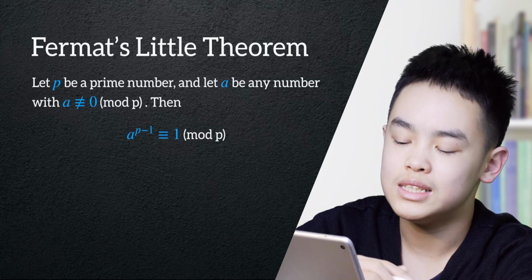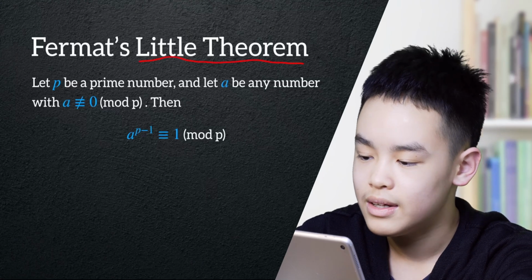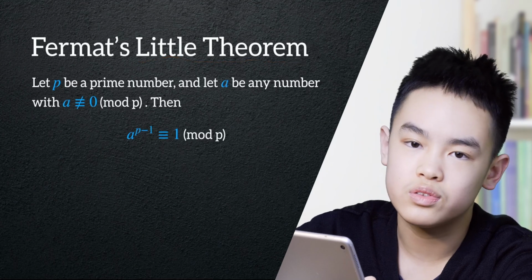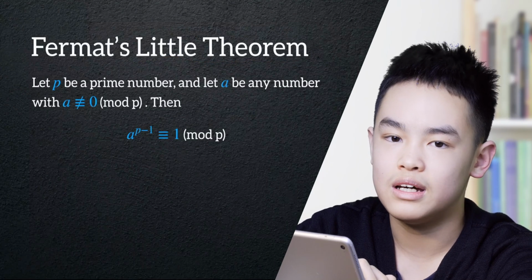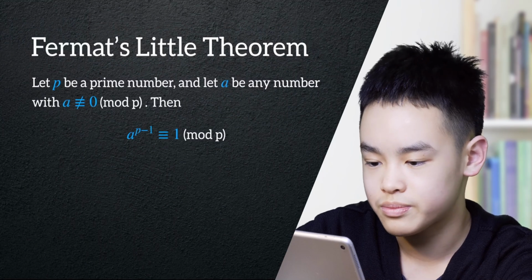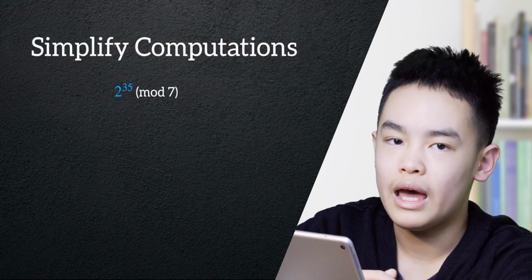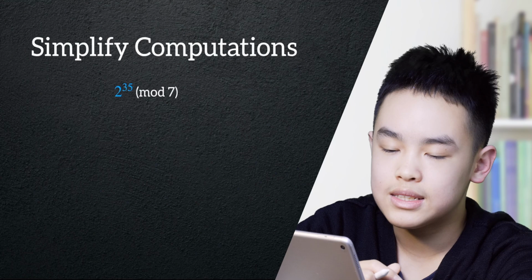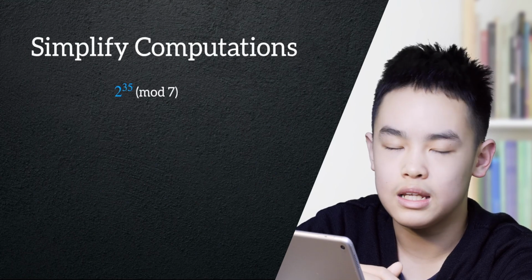But first, since it's a little theorem, we'll see if it's actually useful. If it's not useful, then why not? We can just skip the proof. And it actually is very useful, and it simplifies computations a lot.